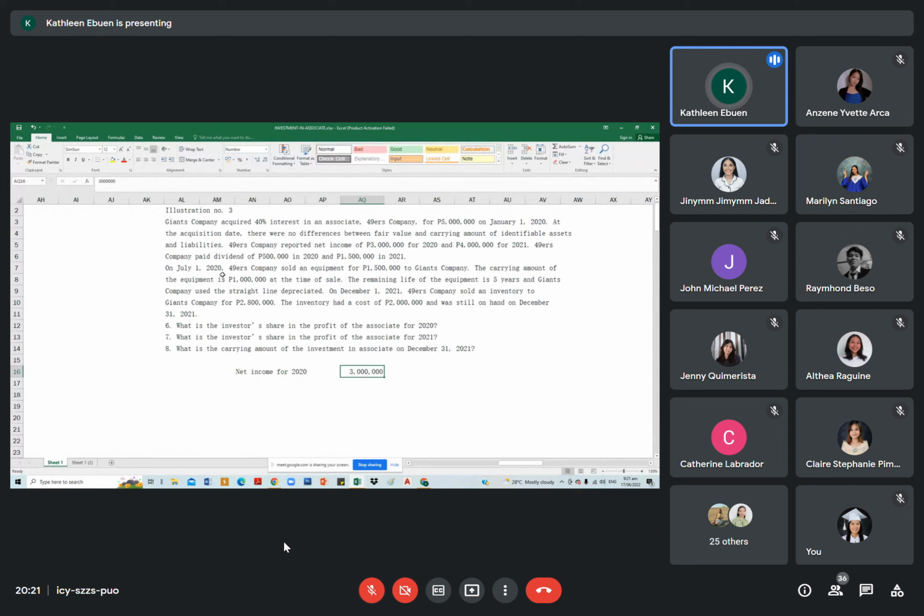So, on July 1, 2020, 49ers company sold an equipment for 1.5 million and the carrying amount of the equipment is 1 million at the time of sale. So, tatanggalin natin ito, class. So, unrealized profit on equipment sold.